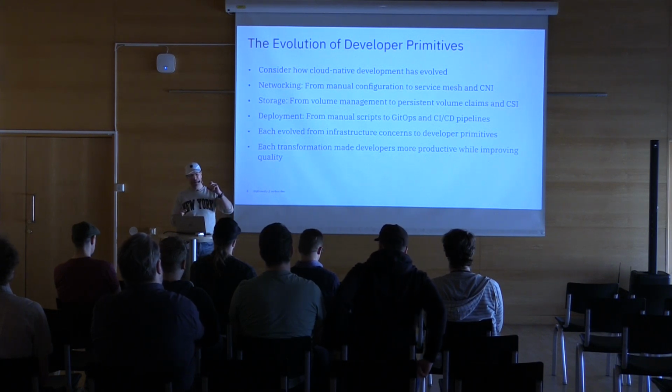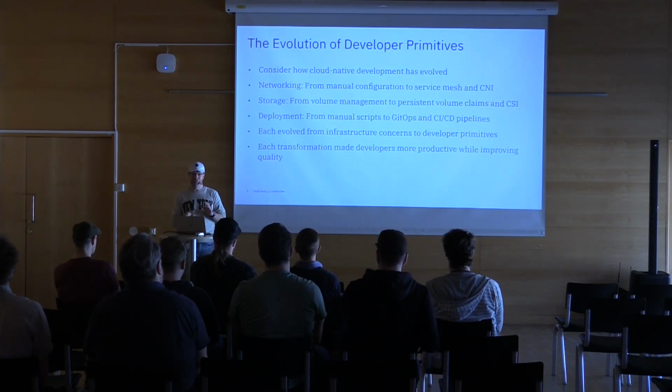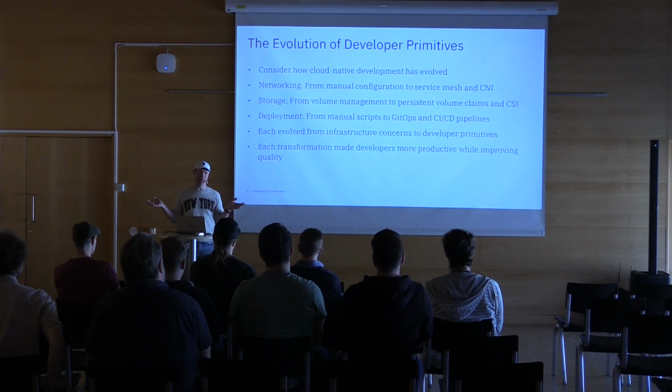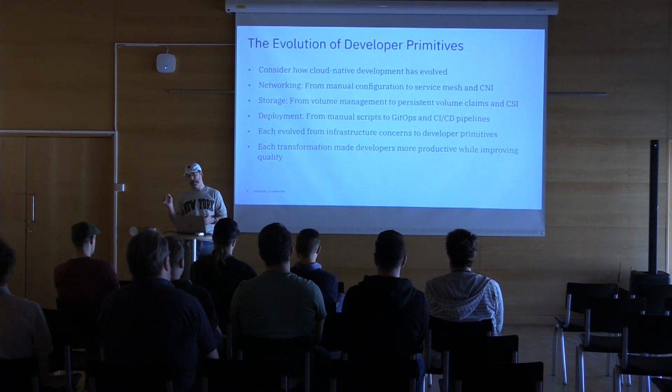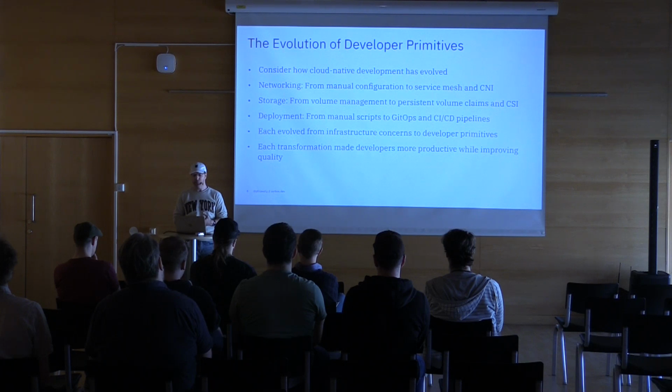Storage moved from a bunch of hard drives racked somewhere, which is fine, by the way. I still have a bunch of hard drives racked somewhere. No shame. But now we have persistent volume management. We've got deployment, we've got GitOps pipelines. So as an industry, we've done some really good work. And authorization is moving in this direction, but it's not quite there yet.